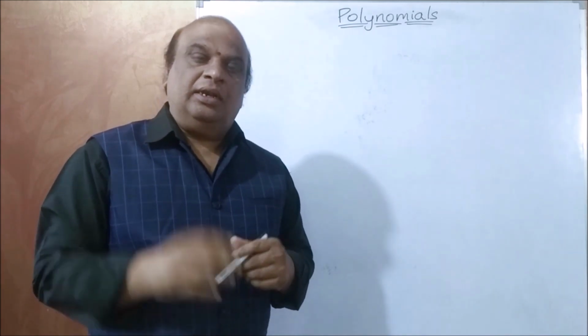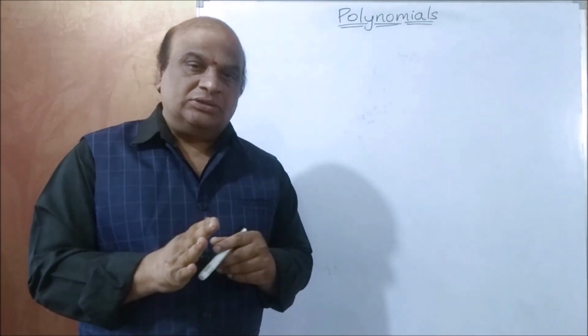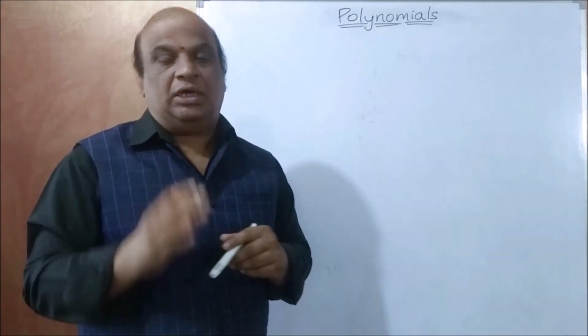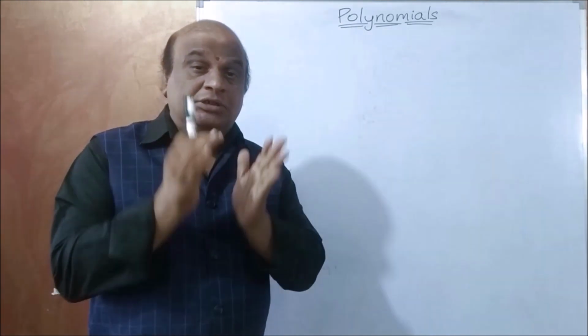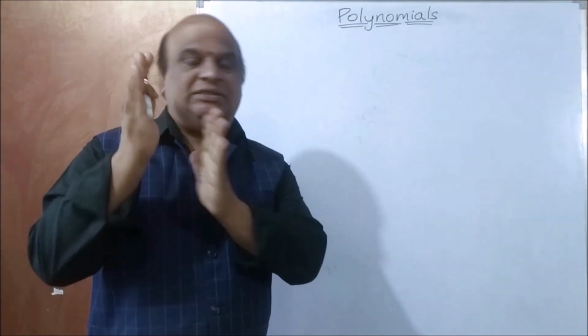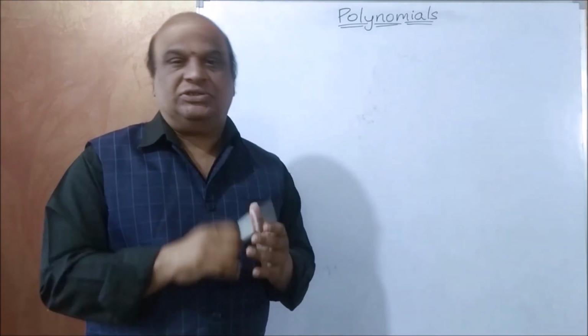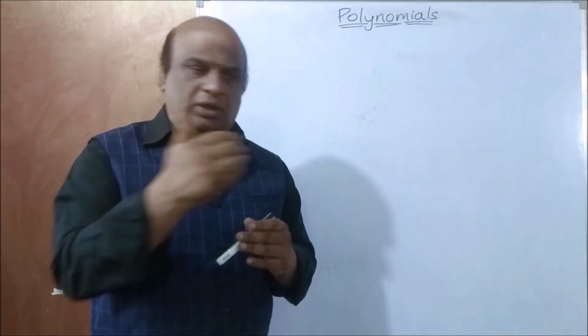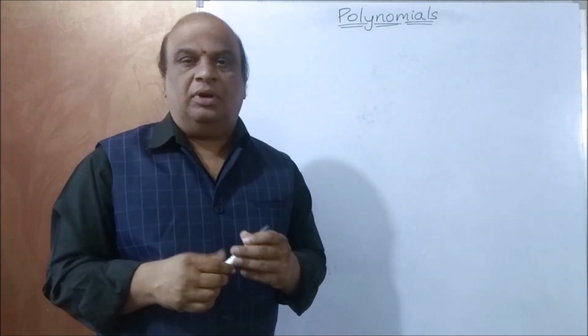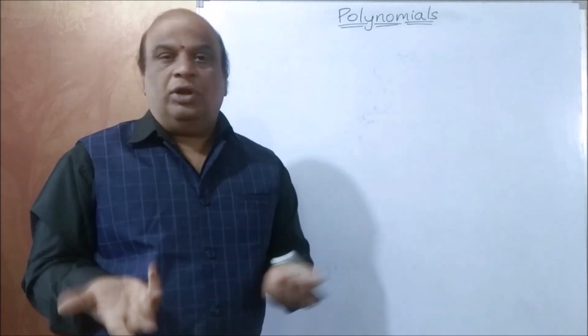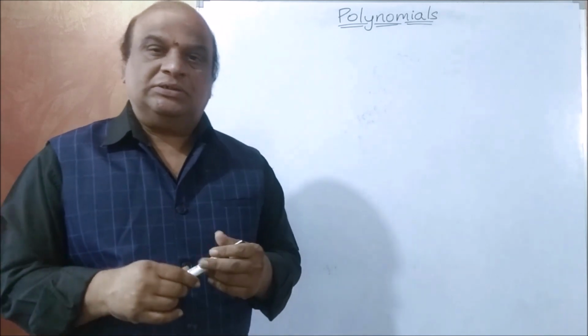Because in mathematics or physics, if you observe, every concept should be generalized. This is very important: generalization. Suppose I give you an example. We know about the even numbers.